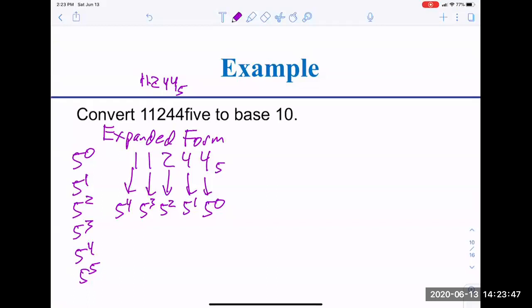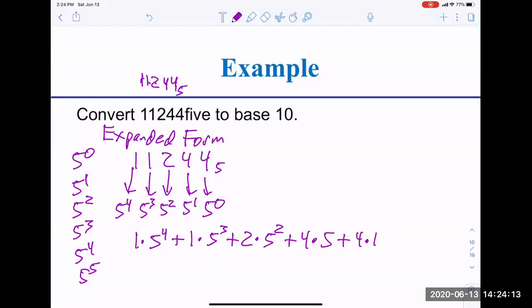So in expanded form, I have 1 times 5 to the 4th plus 1 times 5 cubed, 2 times 5 squared, 4 times 5, because 5 to the first is 5, plus 4 times 1, because 5 to the 0 is 1.